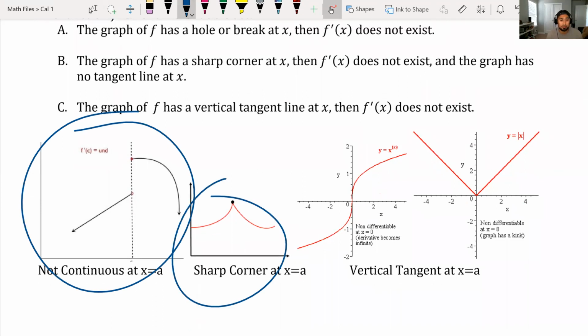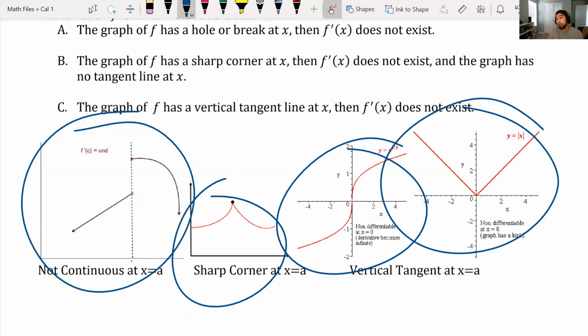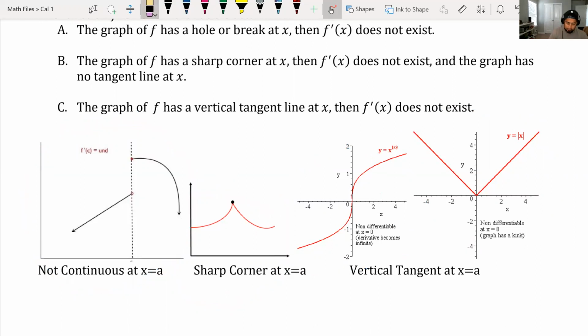We have a sharp corner there. And C, the graph of f has a vertical tangent line at x, then f prime of x does not exist. So if you have a vertical tangent, then the derivative does not exist. So all four of these graphs are examples of a function whose derivative does not exist.